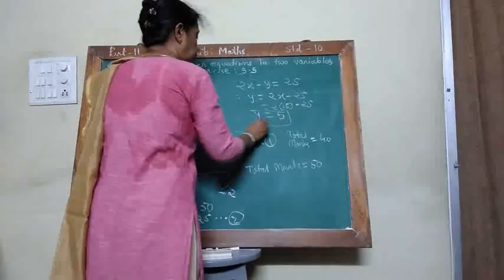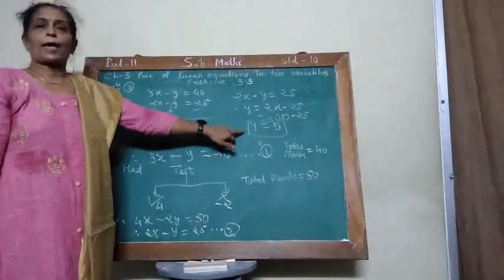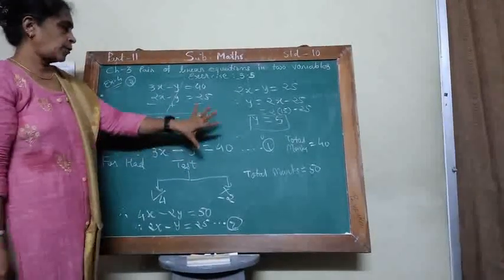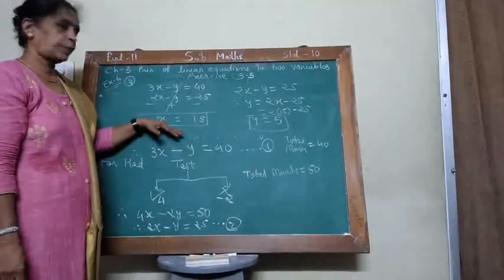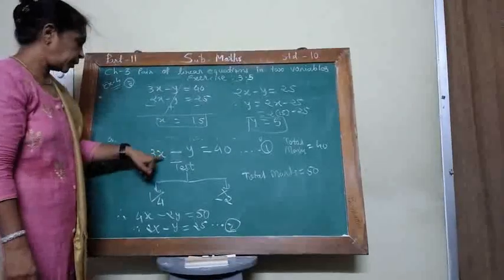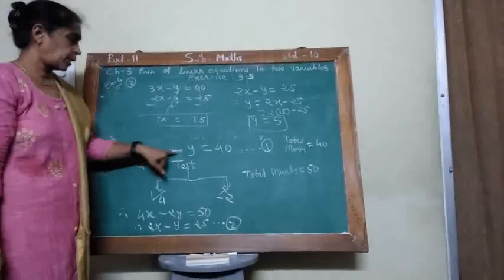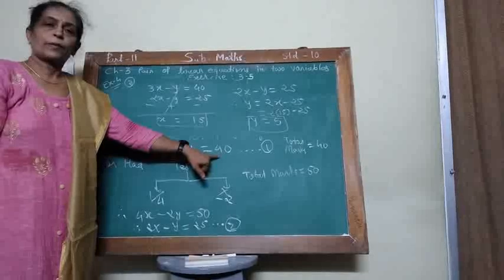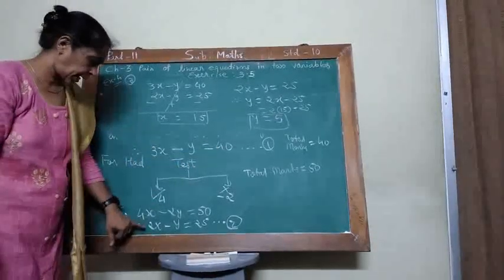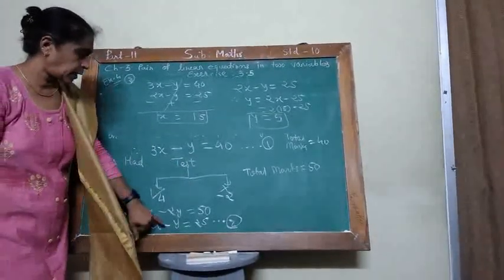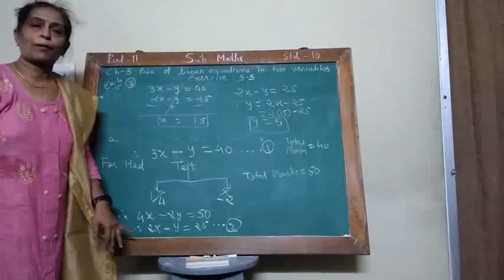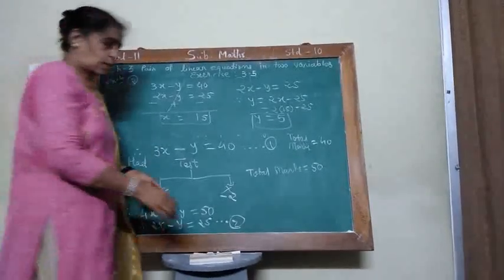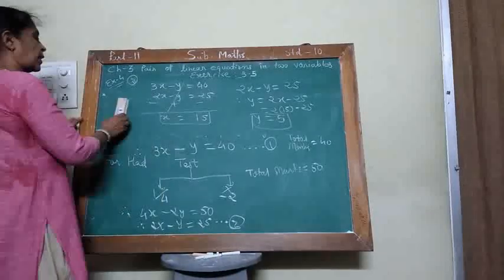So y equals 5. So both have 5 wrong answers and 15 correct answers. And if you put it here, 45 minus 5 is 40, yes. Here 30 minus 5 is 25, yes. So our answer is correct because it satisfies both equations.